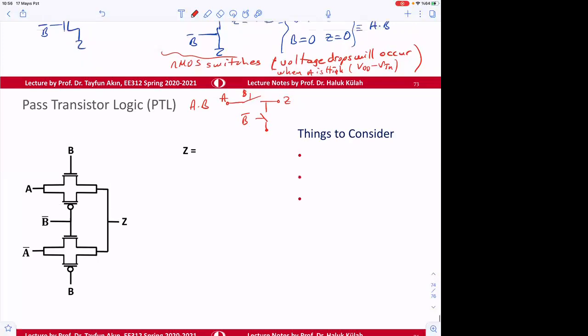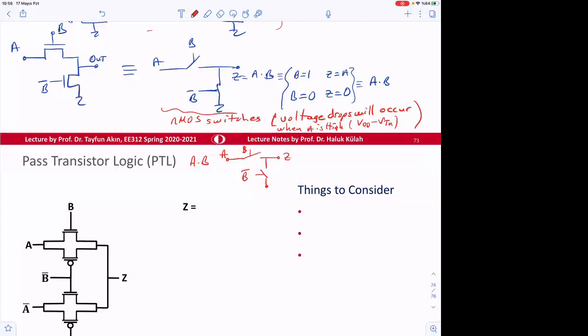Remember, when does this happen? B is low, then output needs to be 0. So you can connect also this one to B. Okay, so instead of ground, you can connect this to B, because you need that when B is equal to low.